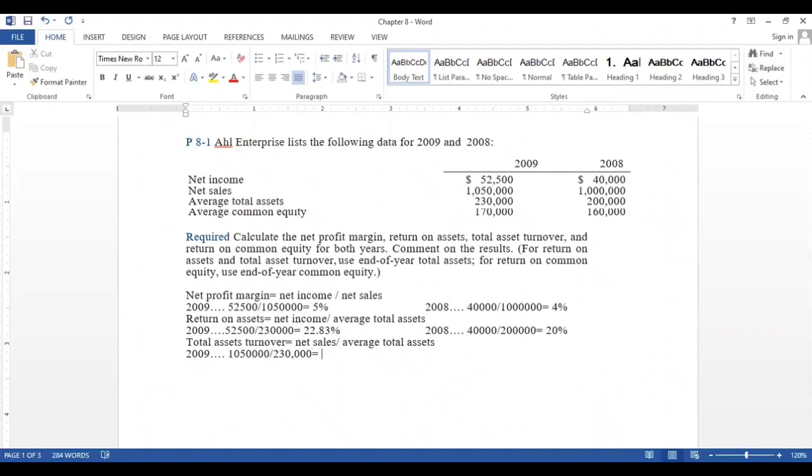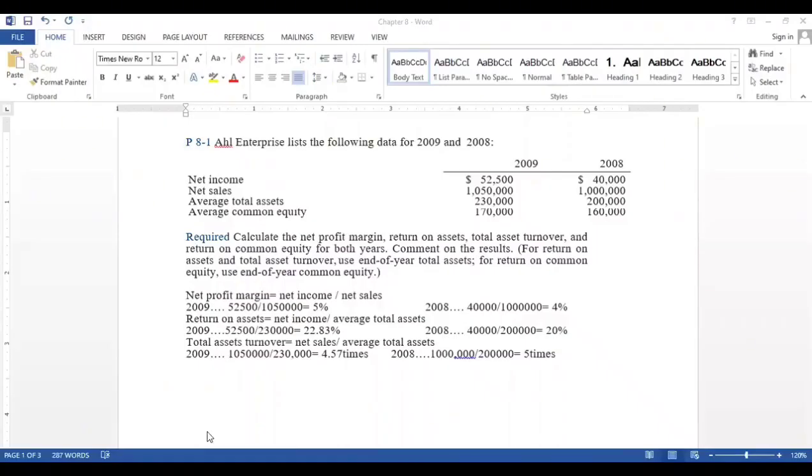So our total asset turnover for 2009 becomes 4.57 times. And for 2008, our net sales are 10 lakh divided by average total assets, that are 2 lakh. So our total asset turnover becomes 5 times.